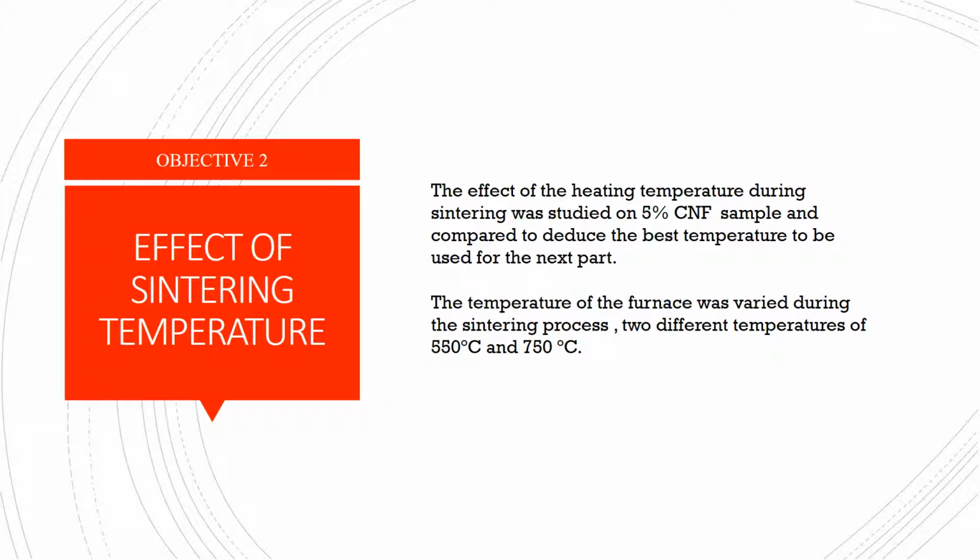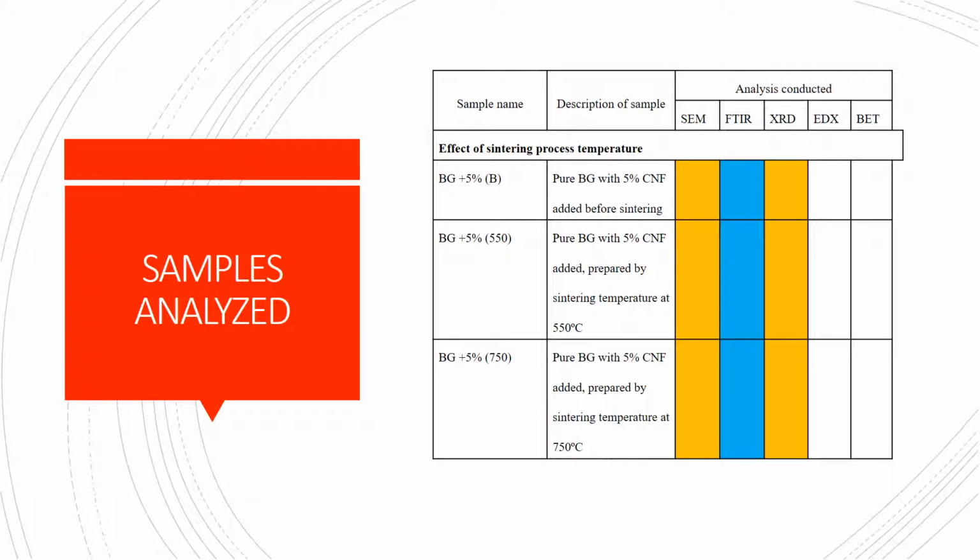The temperature was varied between two temperatures of either 550 degrees Celsius or 750 degrees Celsius. The samples were analyzed. Bioactive glass with 5% CNF were observed before the sintering process, after sintering at 550 degrees Celsius, and after the sintering temperature of 750 degrees Celsius.